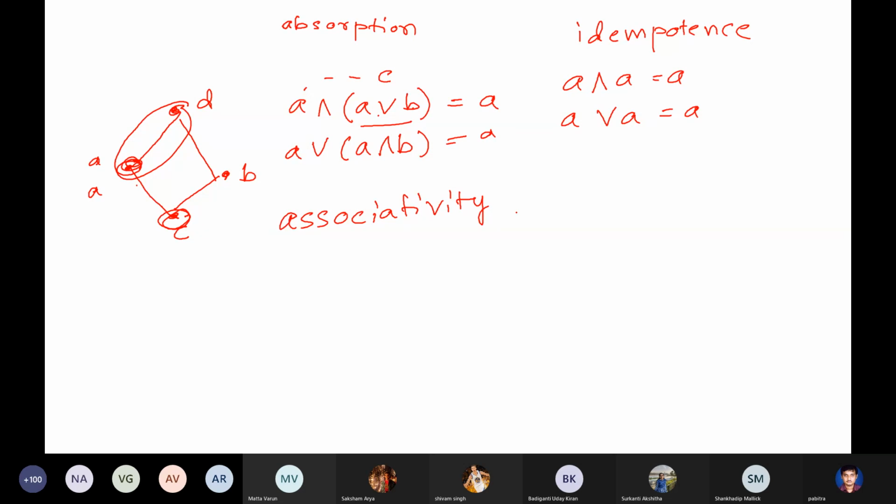The reason I'm spending time on this is that, as we'll later see, the Boolean algebra which you use in your logic and other cases is actually a lattice having some particular properties. These are the usual properties of Boolean algebra. So what we are trying to say is that these are actually lattice properties that hold for Boolean algebra.